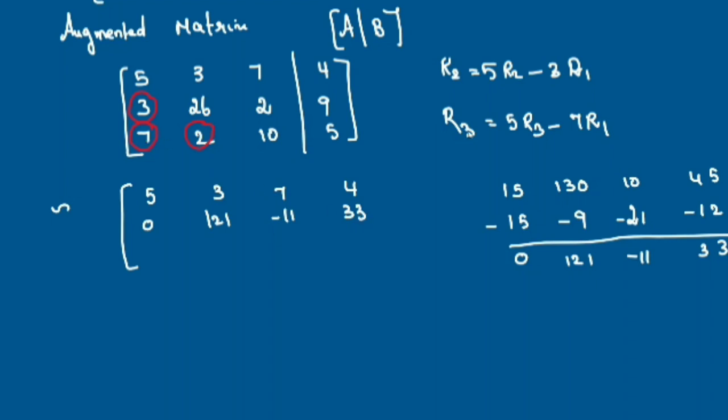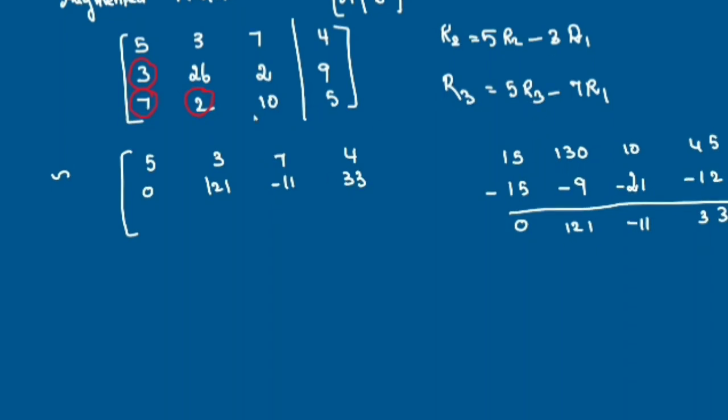Now I have to multiply R3 by 5. So 7 into 5 gives 35. 2 into 5, 10, and 10 into 5 is 50, then 25. Multiply R1 by 7. So you get 35, 21, 49, 28.